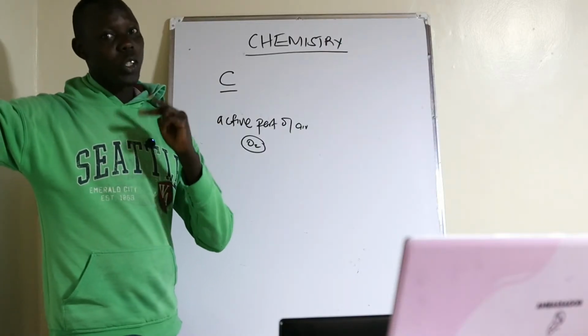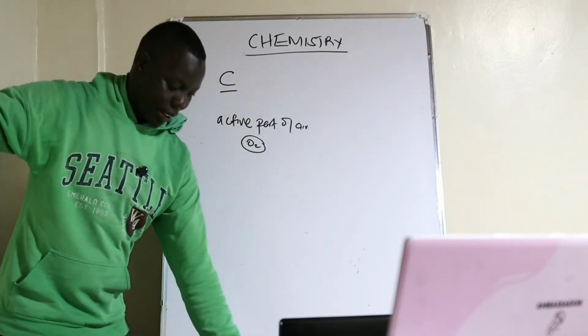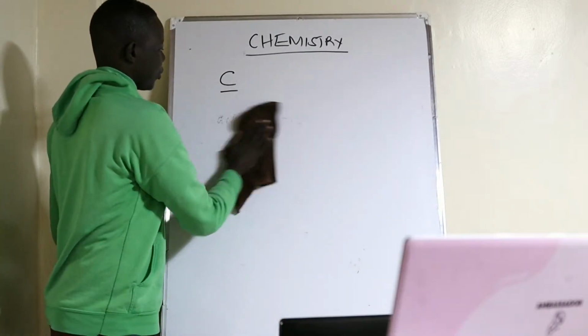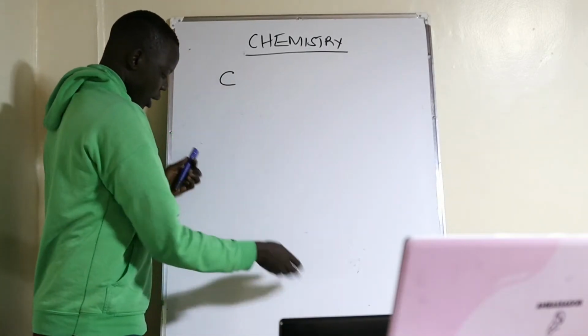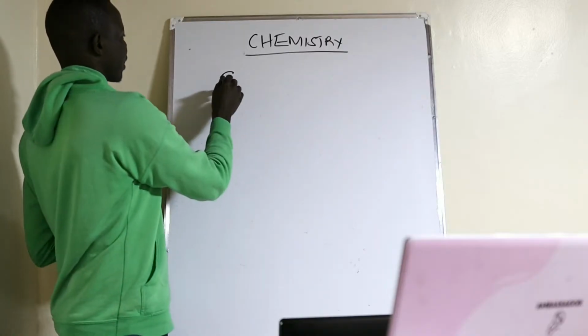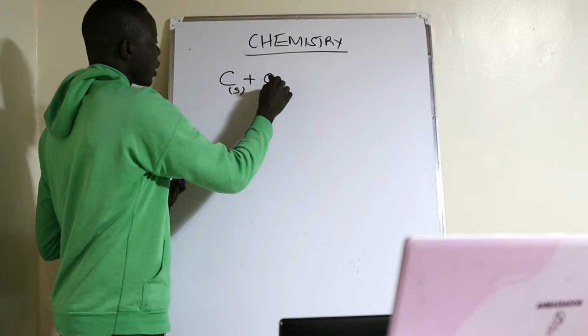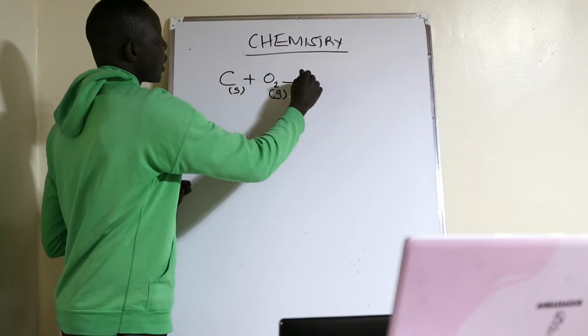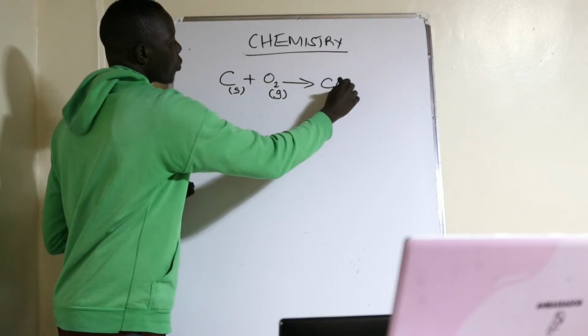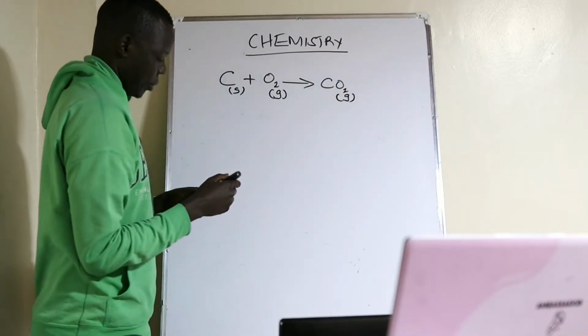But I'm going to write two equations. The first one is this. Carbon is a solid, to react with oxygen, which is a gas, to give us CO2, which is another gas.